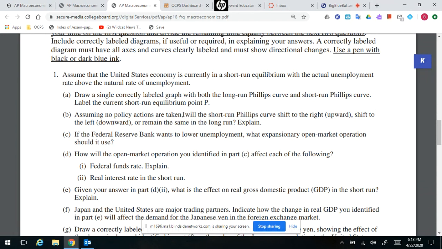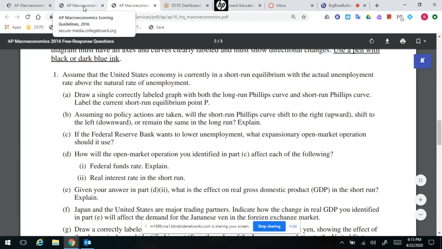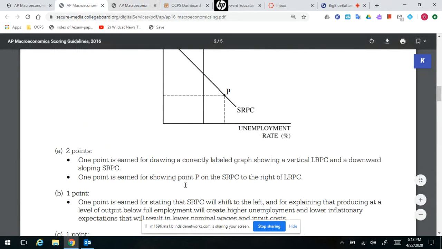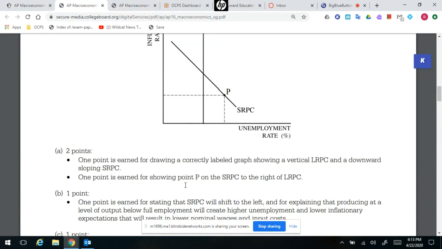We will supply more. As aggregate supply increases, that means real GDP increases. As real GDP increases, unemployment goes down. There's an inverse relationship between real GDP and unemployment. So a recession leads to lower wages, leads to lower cost of production, aggregate supply increases, real GDP increases, unemployment will then decrease.